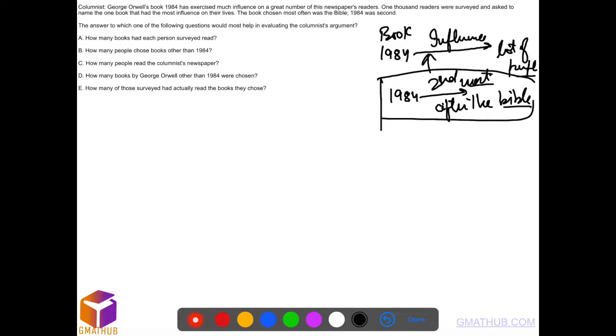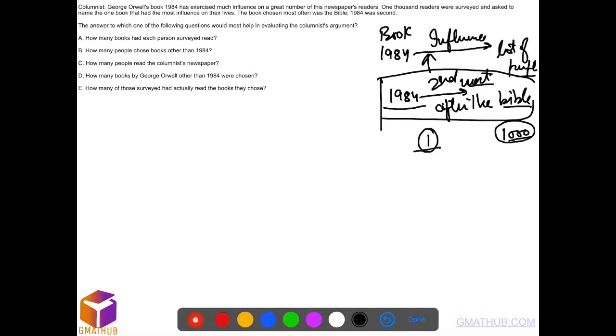Now let's see which question can change the reasoning. How many books had each person surveyed read? Does it matter? Maybe he has read one book, or maybe he has read 1,000 books. You might be tempted to conclude that if a person has read a lot of books and then chooses 1984, then it's a fair conclusion.